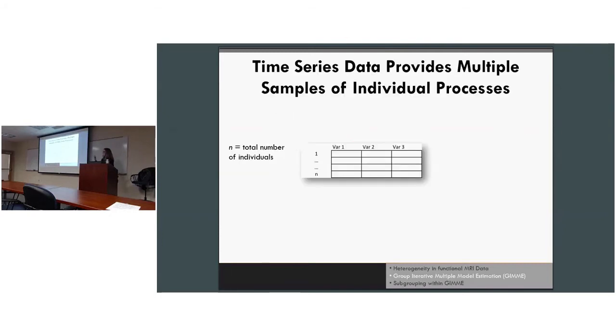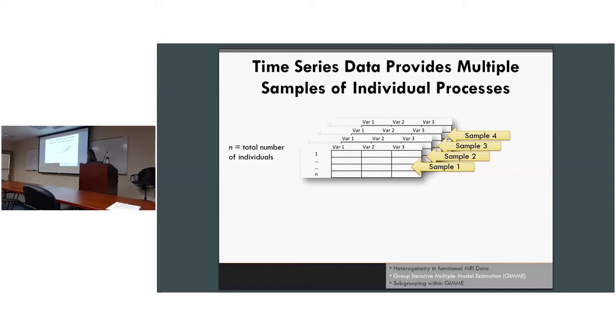This is my thinking behind it, and I think this helps explain things a little bit more. If we were doing a meta-analysis, and I had one sample across n individuals, as we typically do in a cross-sectional study, and let's say I had 4 samples, what I would probably do in a meta-analysis is look across these to see which effects were significant across all of those. You're trying to find consistency across samples.